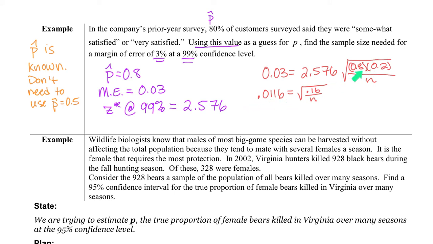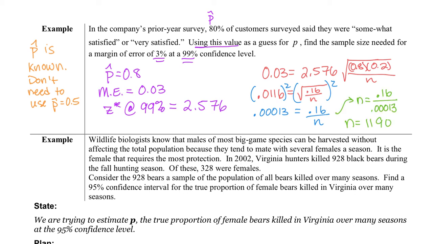I also went ahead and multiplied 0.8 times 0.2 to get 0.16. Square both sides to get rid of that square root, and then cross multiply to solve for n. And we end up with 1,190. You always want to round up.